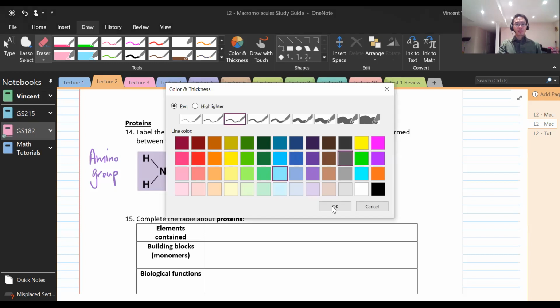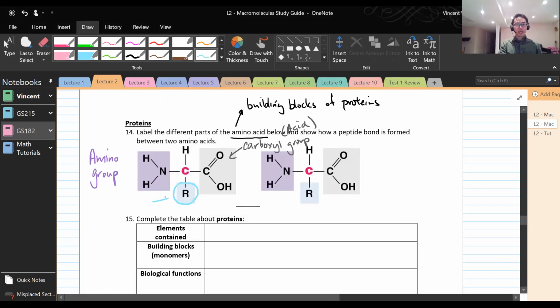The R is going to be different for each amino acid. We call that the side chain. So the side chain is unique for each amino acid. Everything else is the same. They all have a central carbon, an amino group, a carboxyl group, and a hydrogen here.